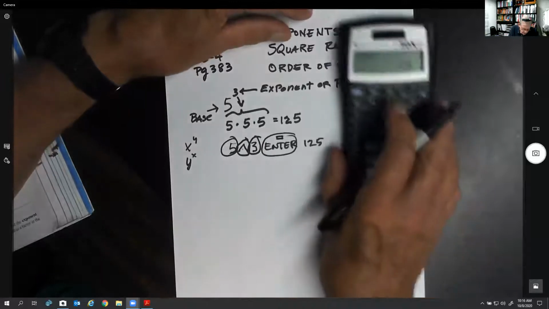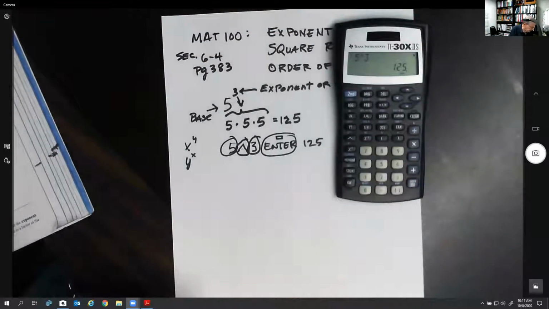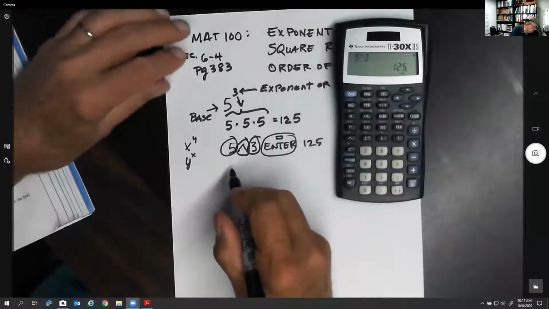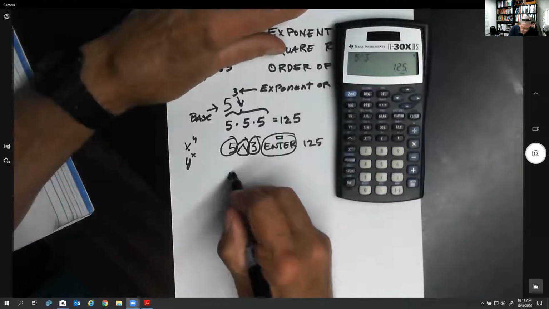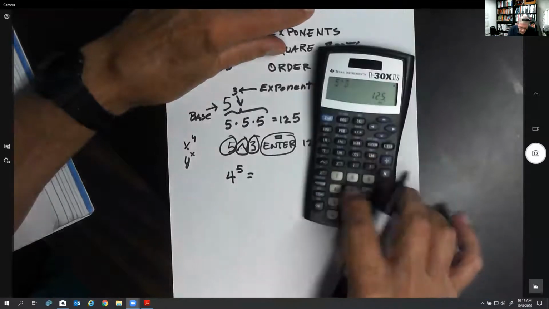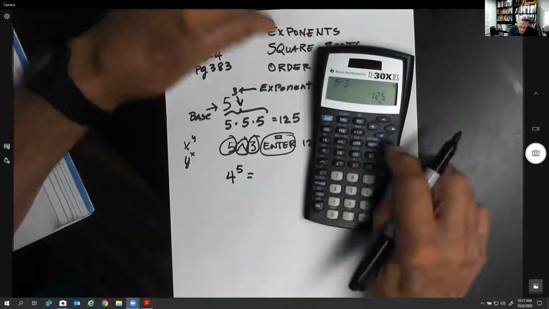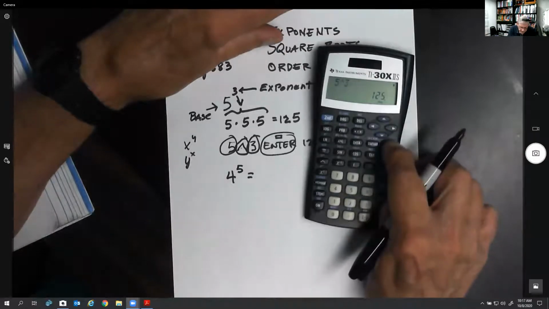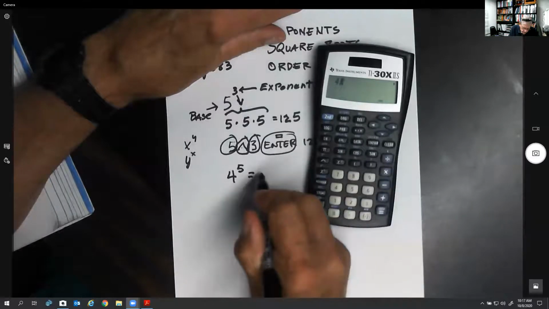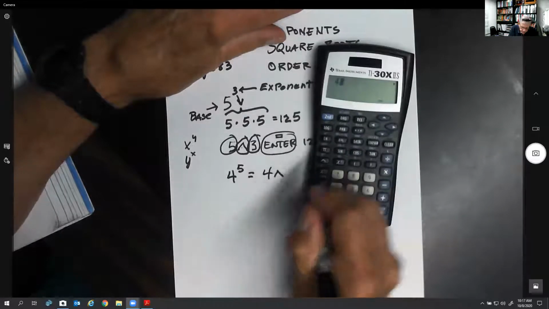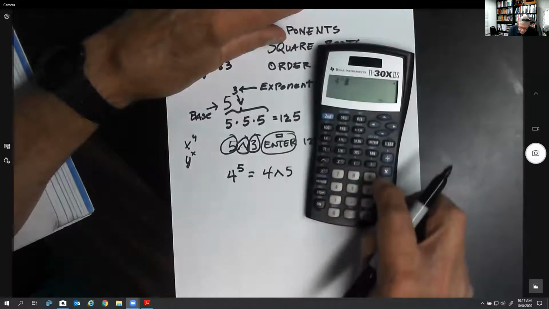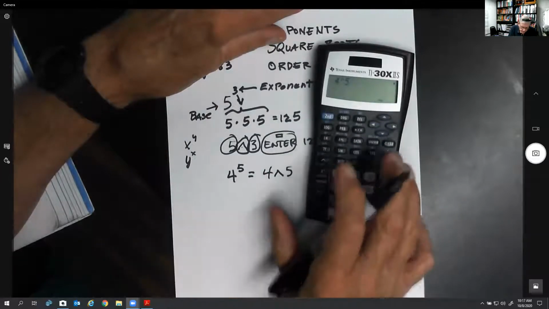Okay, so let's try another one of those. Suppose we had 4 to the 5th. I could clear this out, or I don't have to, but it's probably safer to always clear it. 4 raised to the 5th. It has to be in that order.